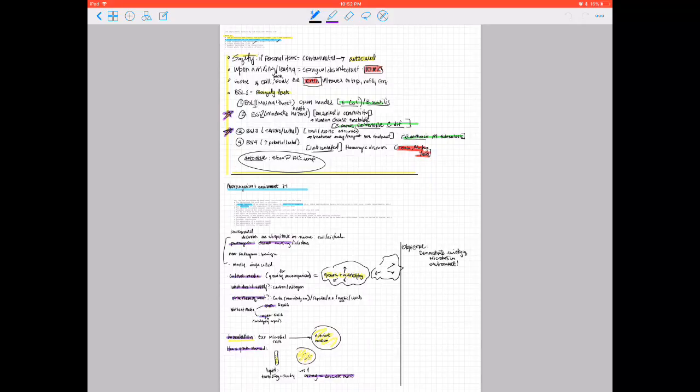And in each of the categories, we have the primary stain, the mordant, the decolorizer, the counter stain, and then a follow-up question at the end.